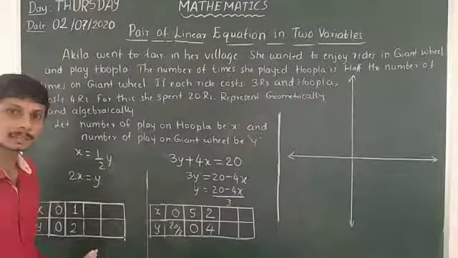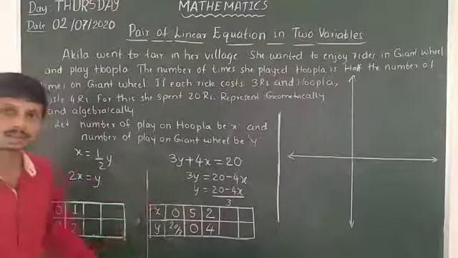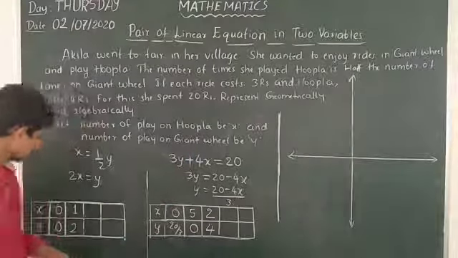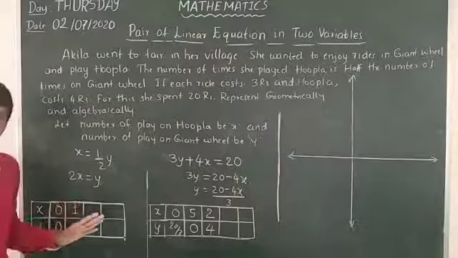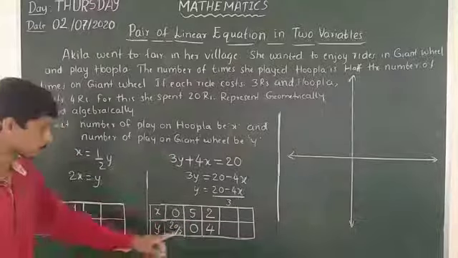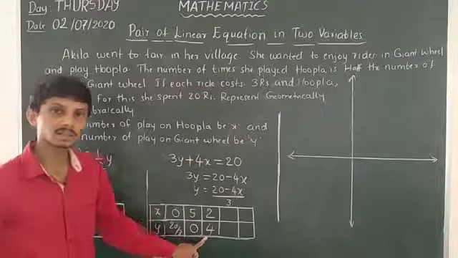So we first have to represent these coordinate numbers in the coordinate system. Let us find out what the highest values are here. 5 is the highest value in the x coordinate and 4 is the highest value in the y coordinate.